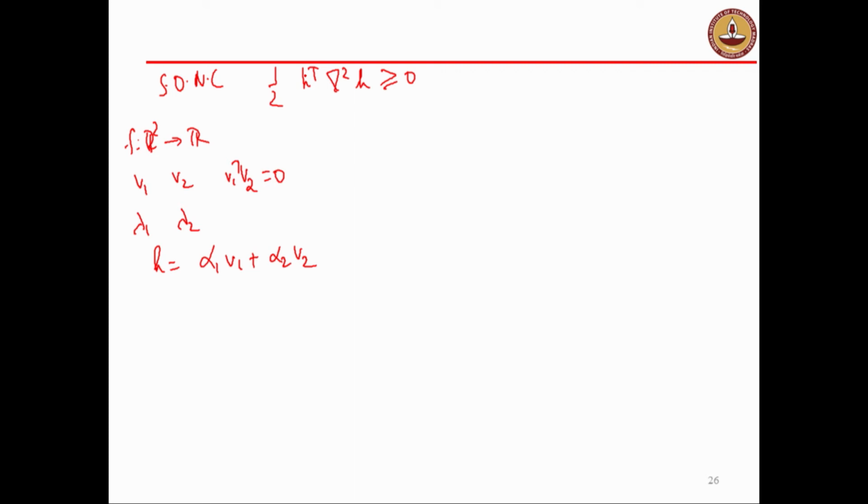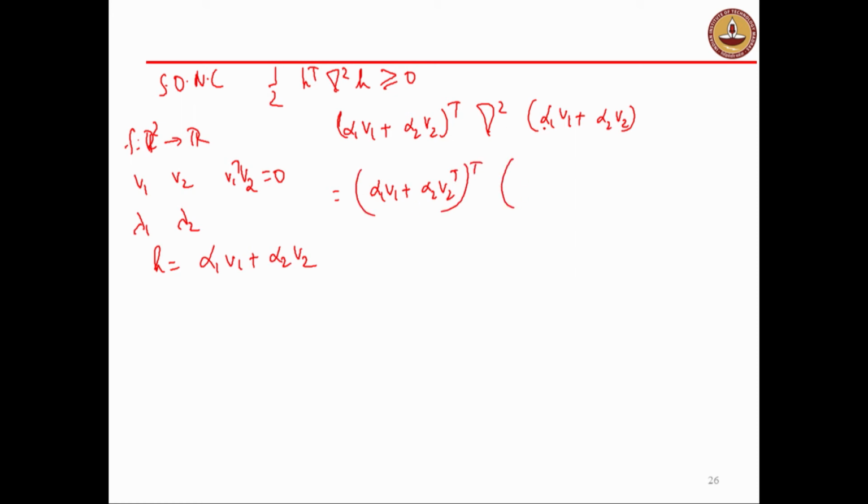Let me expand this out. I can forget about the half. So this is alpha 1 V1 plus alpha 2 V2 transpose, the Hessian matrix, times alpha 1 V1 plus alpha 2 V2.